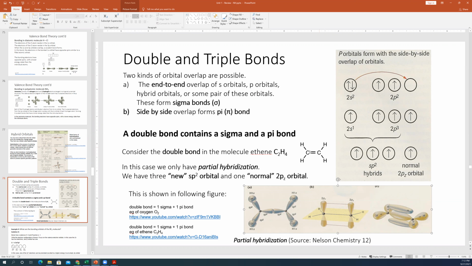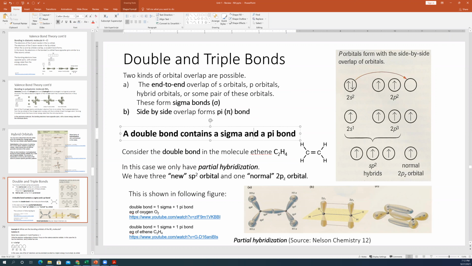Then here in between the two carbons, you have two things happening. You have one sigma bond forming, and because of the parallel side-by-side arrangement of these p orbitals here, you will also have a pi bond forming. And anytime you have a sigma and a pi, you have a double bond, which is the case right here.